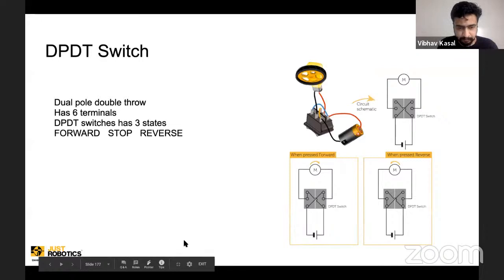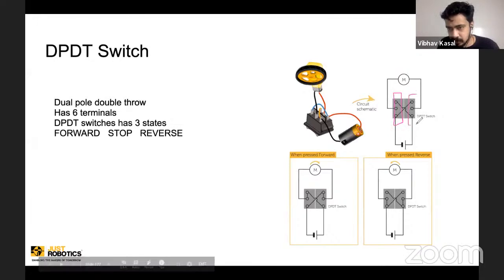So you see there are two switches, switch 1 and switch 2. They are fused together, right? When you press one side of the DPDT switch, then you can activate this and you can activate this. You are making that connection and this connection is still off.